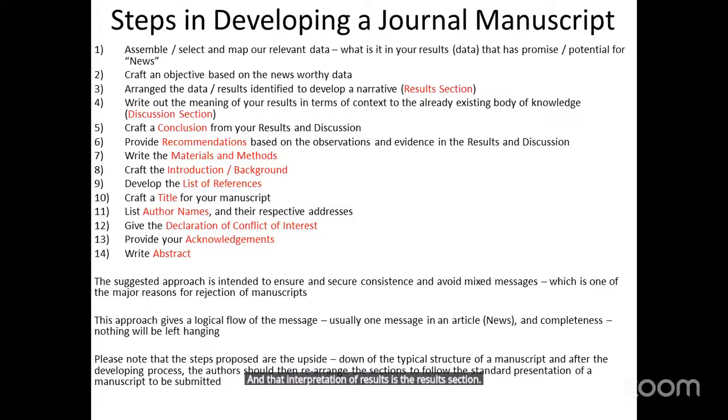So I hope we are following, and we are saying that the very first section that you pay attention to in writing a manuscript is the results. And the results is yours. You know what you did, you know how you did it, and how you did it is actually methodology. But what you did and what you achieved from what you did is the results.